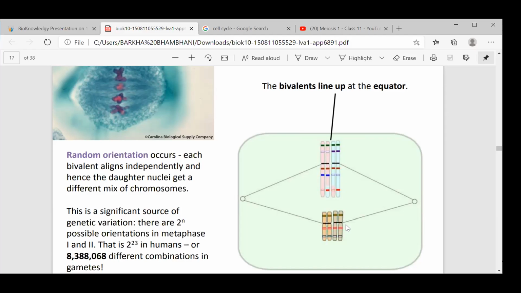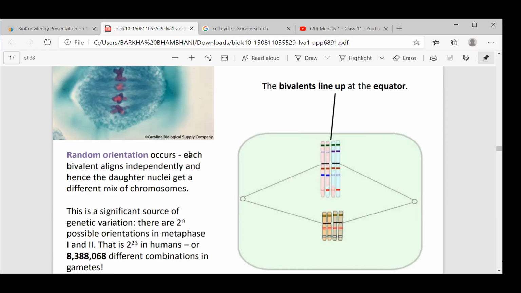So there would be a random orientation, which will separate them into different daughter nuclei. This will be a random positioning of the bivalents on the equator.